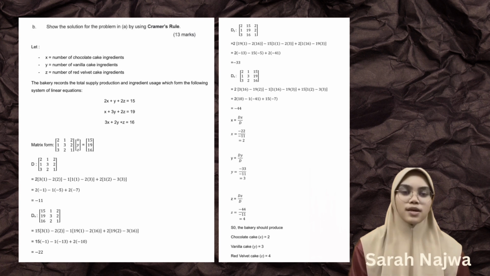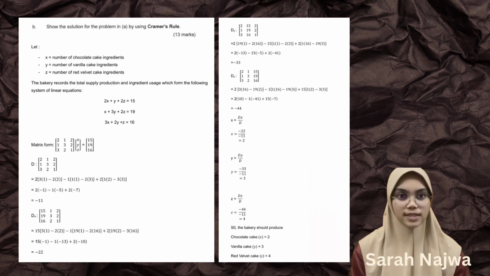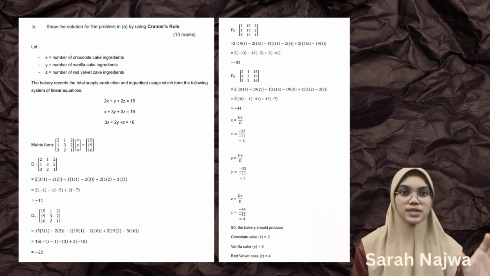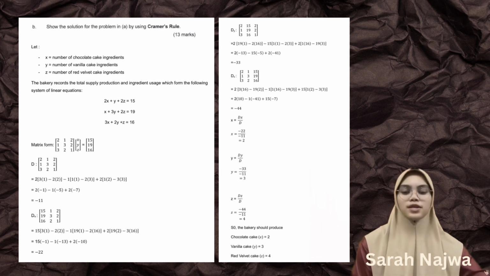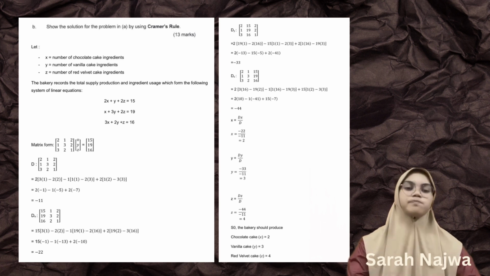To find dx, we replace the first column with the constants, so the matrix becomes 15, 1, 2, 19, 3, 2, and 16, 2, 1. Using the same formula as for the main determinant, we get negative 22.